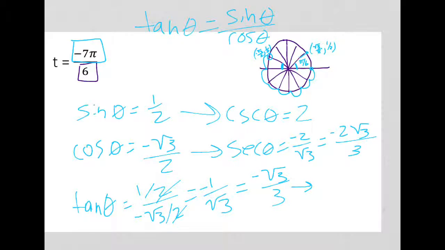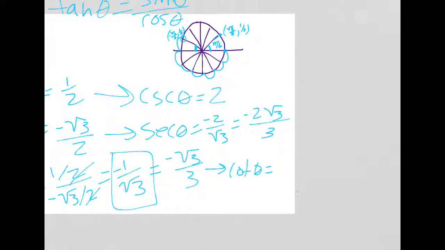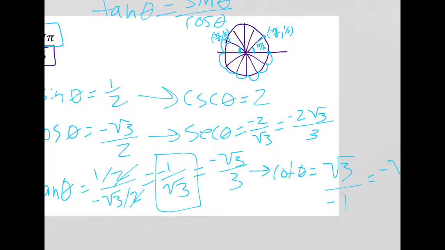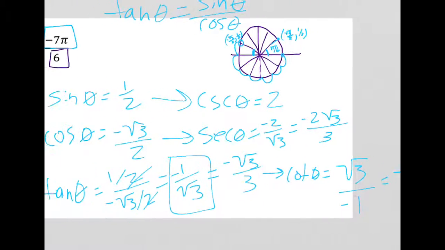And then finally, reciprocal of tangent is cotangent, and we flip the fraction. I'm going to flip this one right here, because that shows me it's easier to see that I will get root 3 over negative 1, which is just negative root 3. So I have my 6 values right there, and it's just that quick.